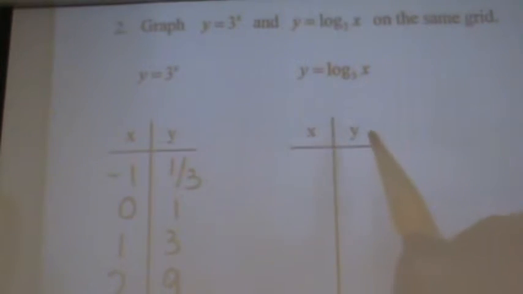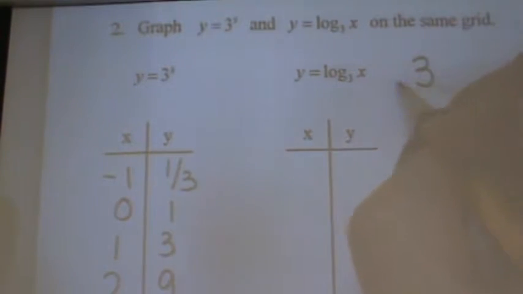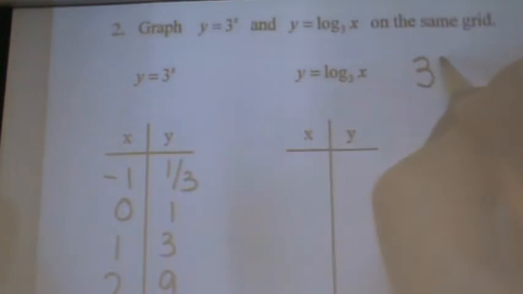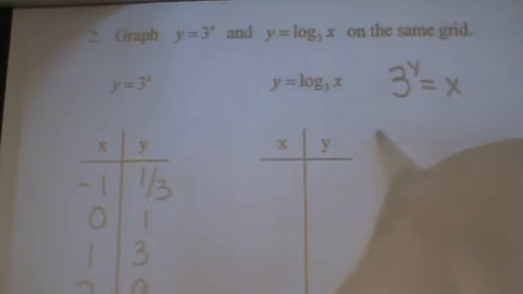How do you rewrite this in exponential form? 3 to the what power? Y is equal to x. So now, when I put numbers in here, I'm going to want to put them in for y, because if I put them in for x, you won't be able to solve.